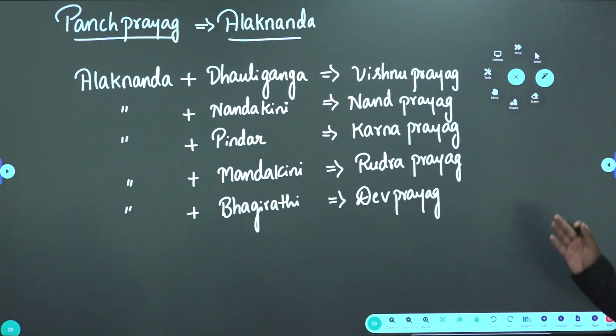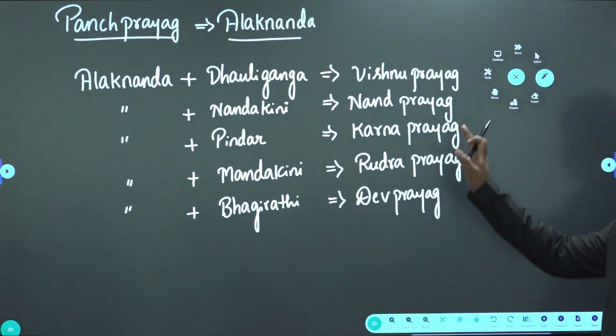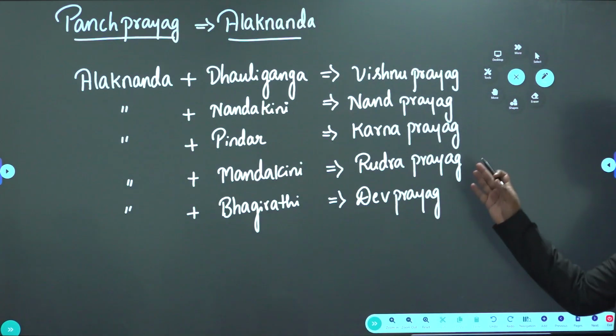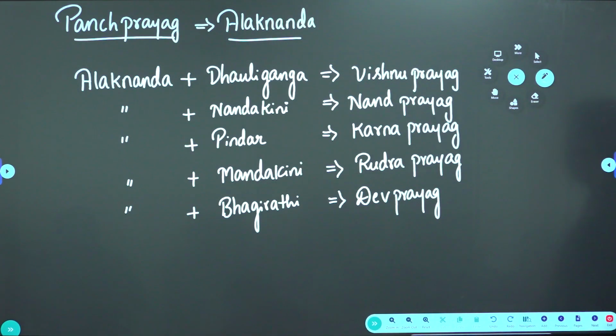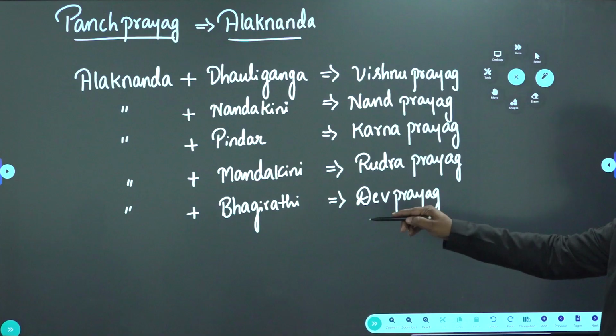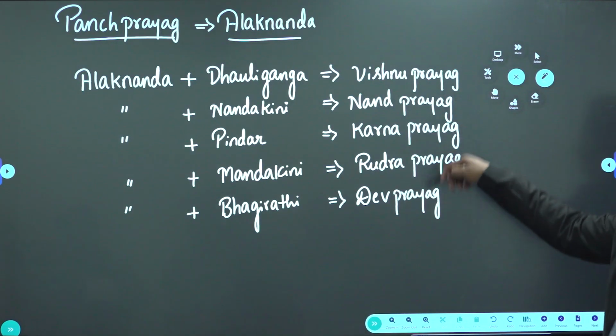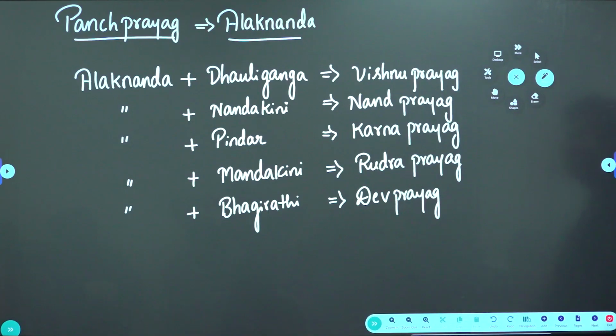All festivals occurred here only. Right. So, entire India was on these banks. So, Panchaprayag is about what? Alaknanda joining other rivers. Fine. Order is also this only. Then, shall I move? Yeah.